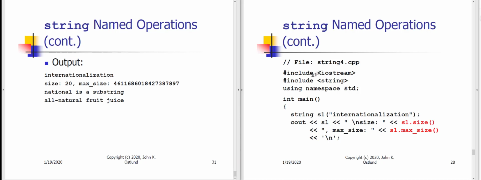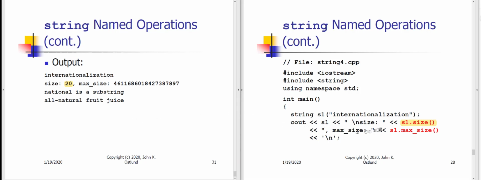All right, so we are including iostream and string as before. We are using namespace std. s1 is a string object initialized with internationalization. I can ask what the size of s1 is, and I get told that there are 20 characters in s1, that is, in internationalization.